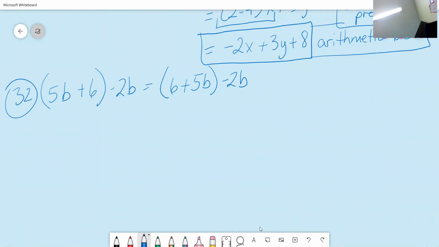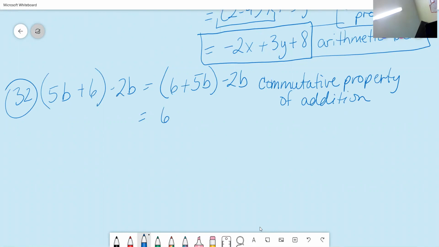We have simply changed the location of our various terms. So this was the commutative property of addition.